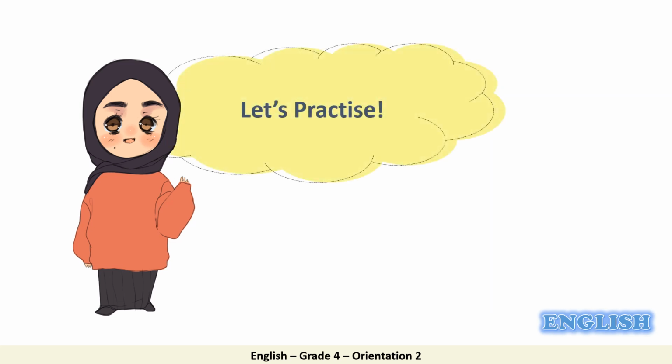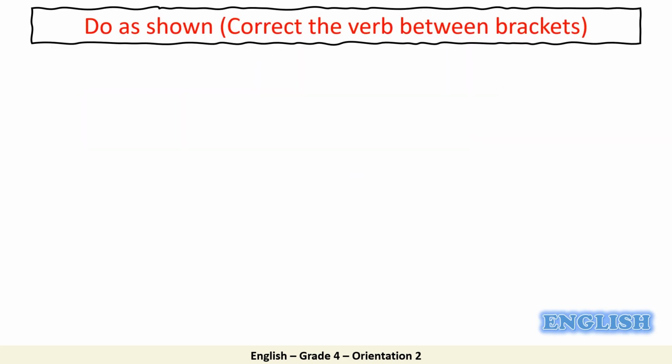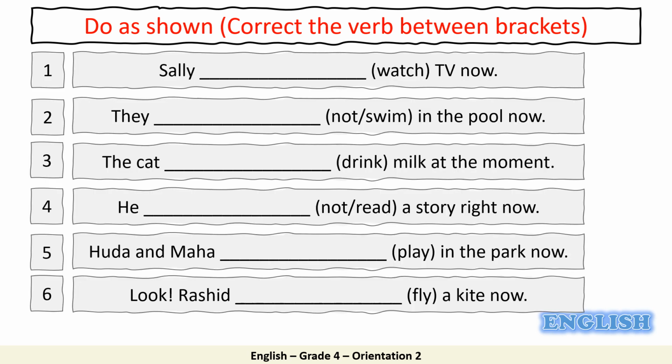Now it's time to practice. Do as shown. Correct the verb between brackets. Let's read sentence number 1. Sally, watch TV now. We have Sally, one person, so we say Sally is.